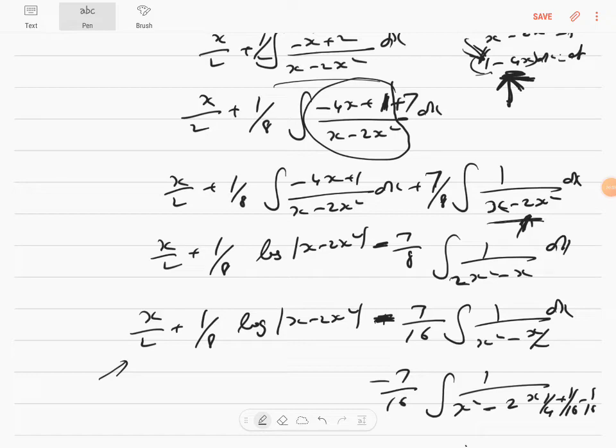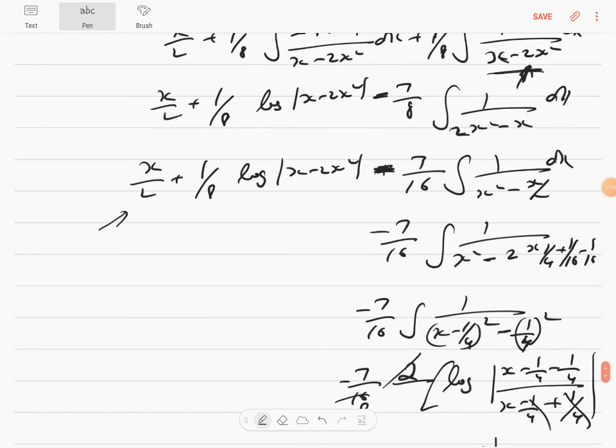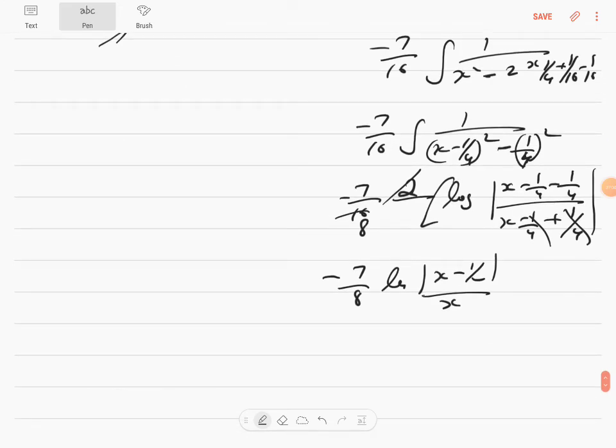Log of 1 minus 2x log x. Okay, I think what they seem to have done is for this, solve this, you get a 2x minus 7 by 8 into log of mod of 2x minus 1 by 2x is what you get, right?